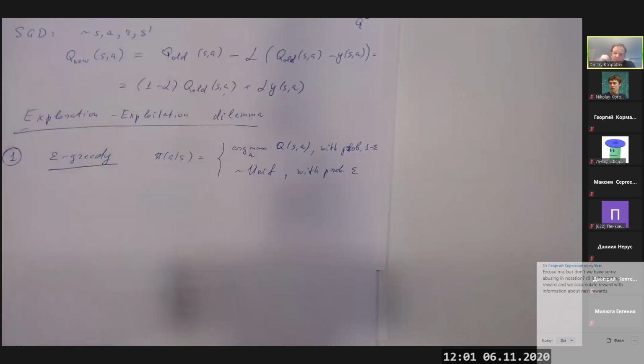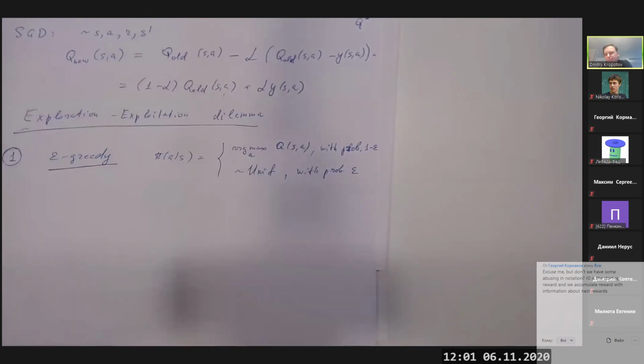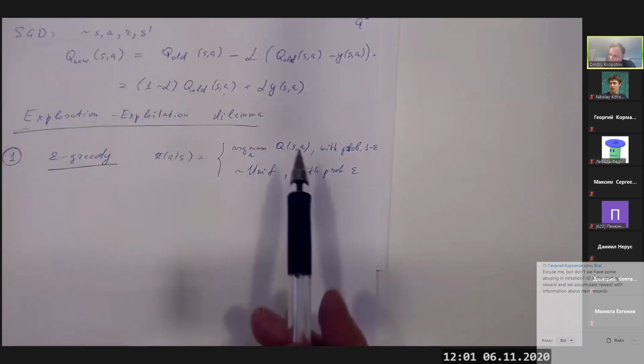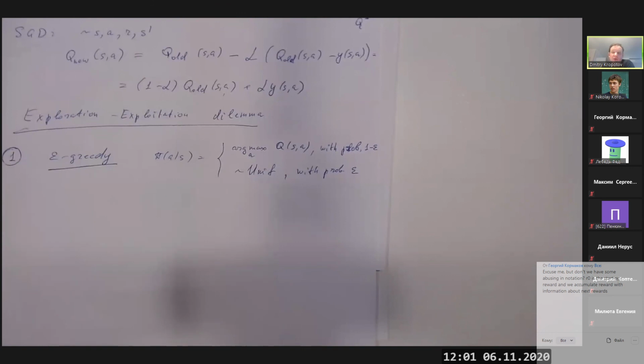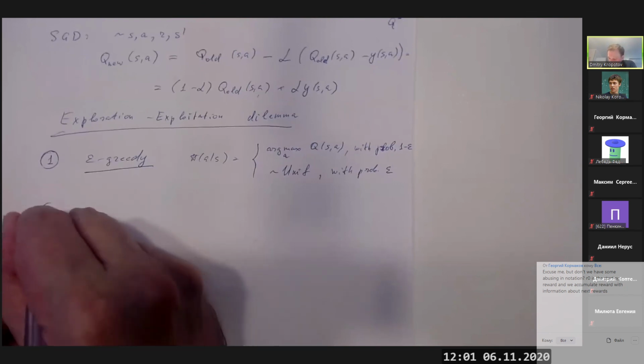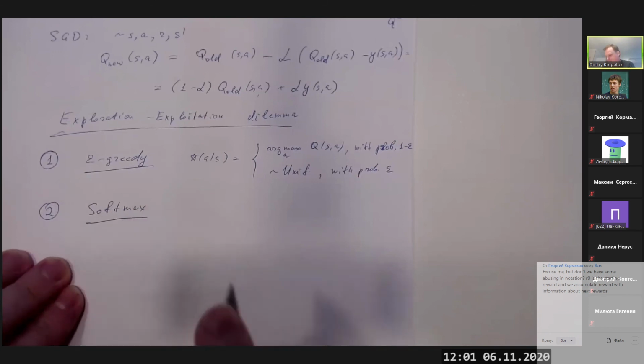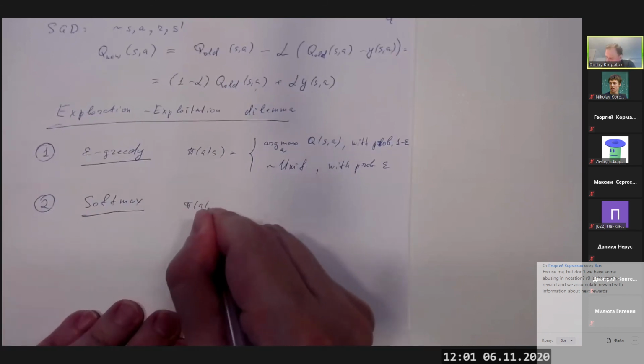Then during learning, your Q function becomes closer and closer to the optimal Q function, and you reduce your epsilon over iterations, and finally come to the fully exploitation regime, to the optimal policy pi with the optimal Q function. This is one approach.